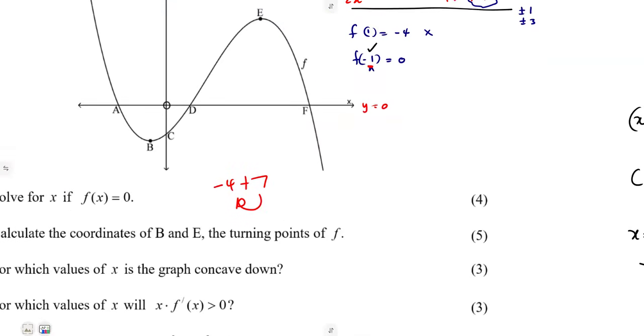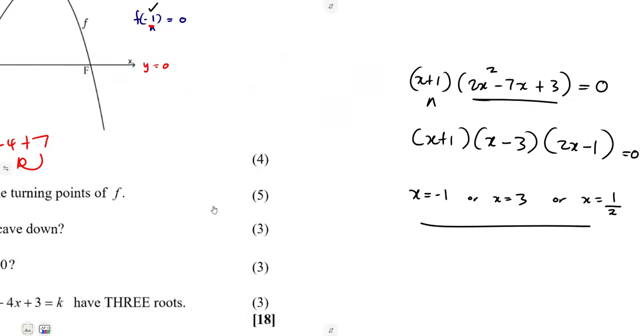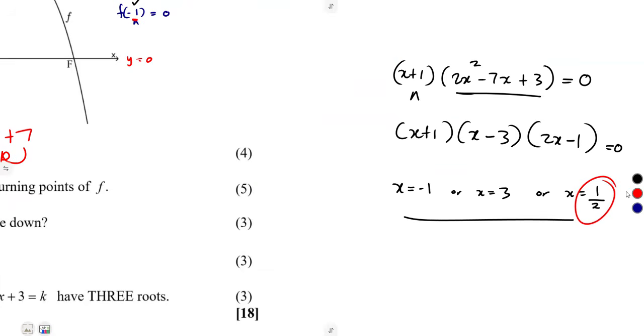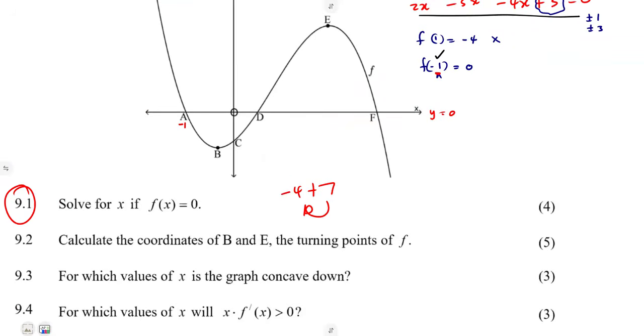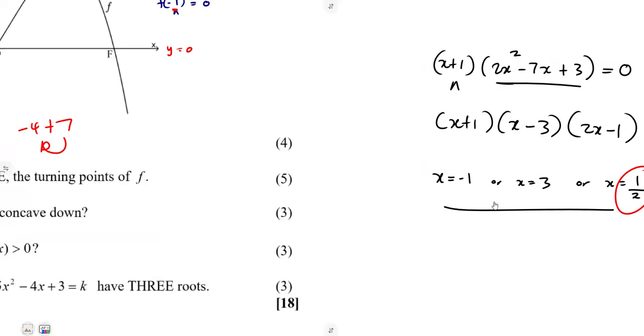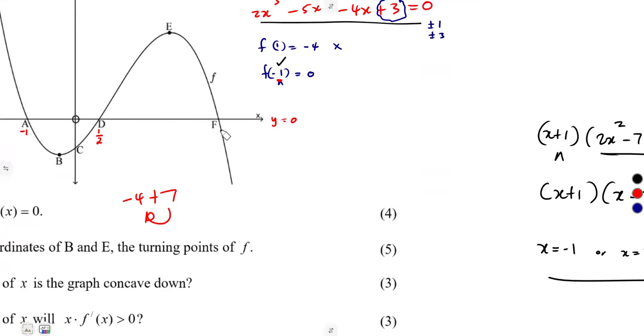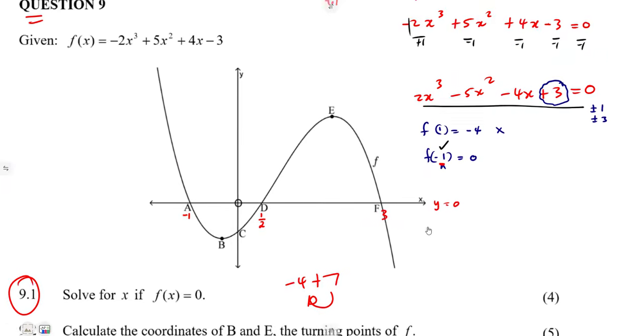Negative 1 is going to be representing a on the negative. On the positive, there is d and f. So d is going to be the smaller one, closer to the x-axis. So our d, that's a half, and f is going to be 3, the bigger value there. From those solutions, that is what it actually means.